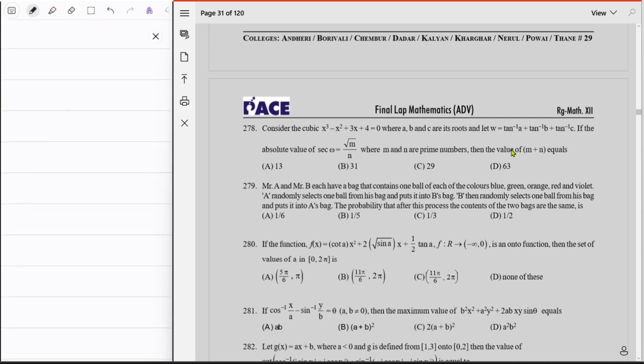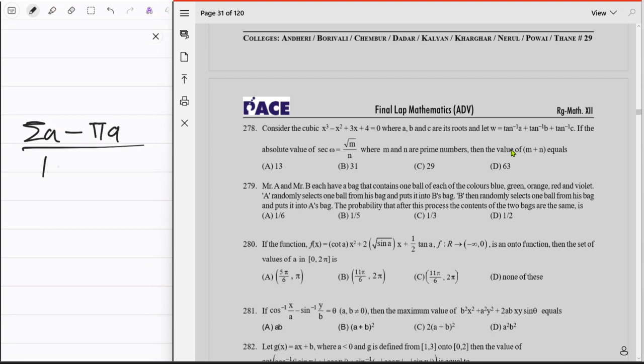Tan of a plus b plus c, what is that? It's the summation of tan a, which is the summation of a basically, minus the product of tan a, which is the product of a in this case, upon 1 minus the summation of ab.